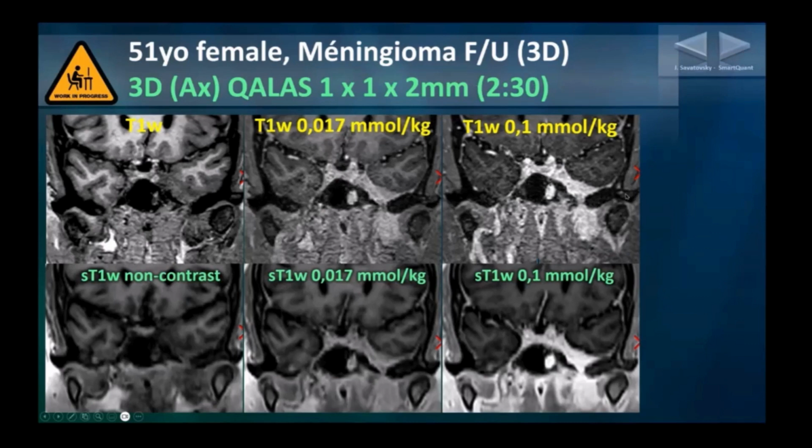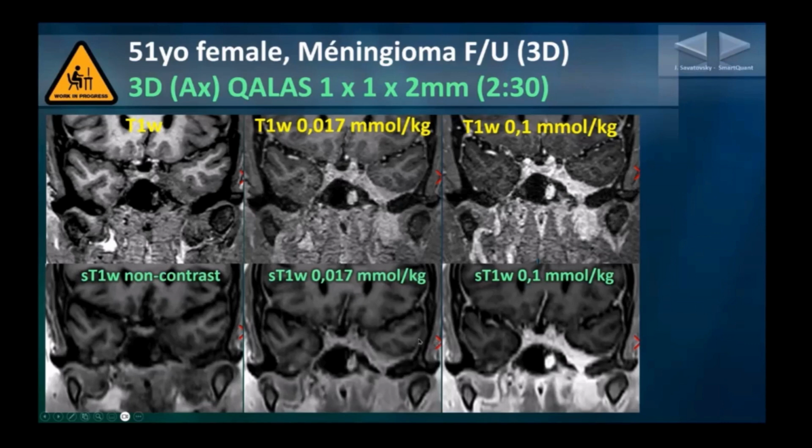And this is an example to display that the contrast that we obtain with the synthetic weighting is very good. In the upper line, you have the conventional weightings, and we have done it with the full gadolinium dose, but in the middle, we have done it with 1/6 of a dose, so a very low dose of gadolinium.